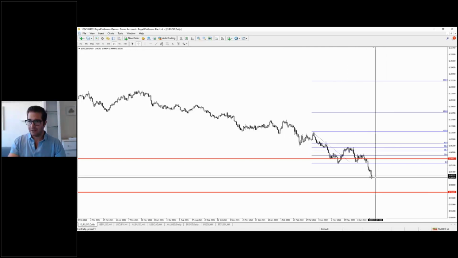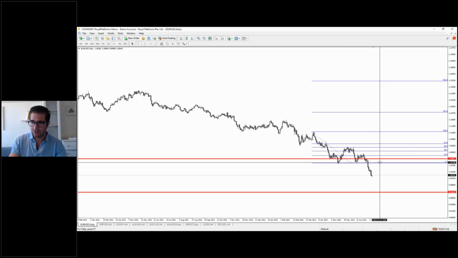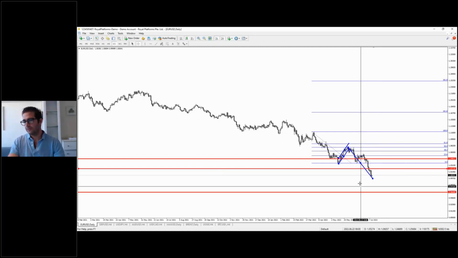And now most probably we will see a correction until this level here, which is 1.04. Okay, or no, sorry, 1.02. So we will see most probably a correction until 1.02, and then the Euro USD by next week could reach 0.96 if this downtrend continues.